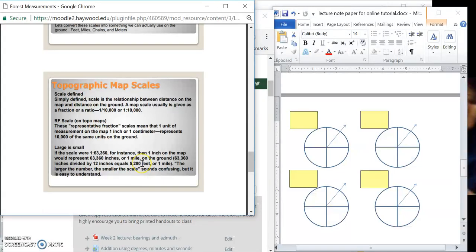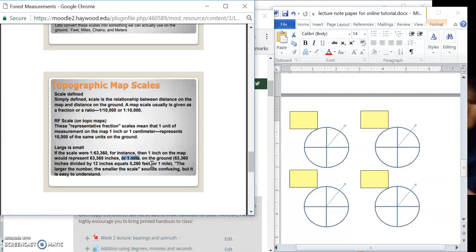Okay? And by virtue of the fact that 1 inch equals 63,000 inches on the ground, or in reality that represents 1 mile on the ground, as opposed to 1 inch representing 2,000 feet on the ground, which is roughly a half a mile, then you could put a lot more area on a map at that smaller scale.